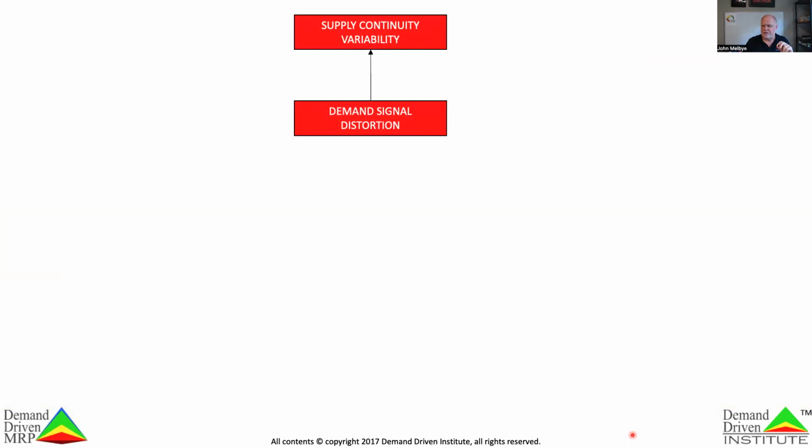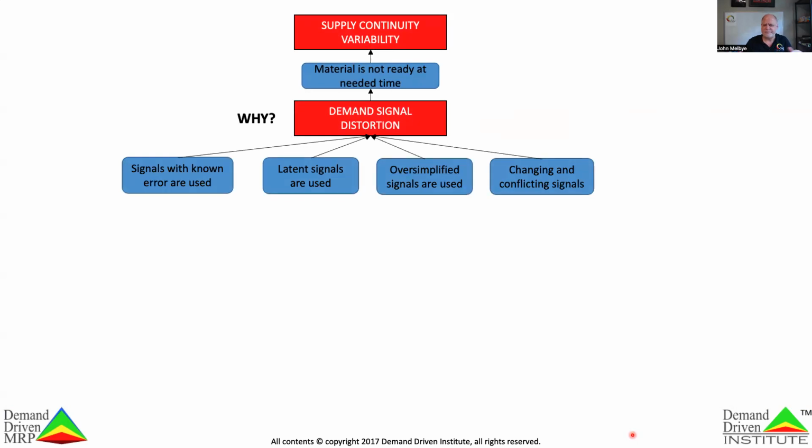We have demand signal distortion, and we have supply continuity variability. The result of those two distortions is that material is not ready at the needed time. So why do we have demand signal distortion? Multiple reasons. We have signals with known error that we're using. We have latent signals. We have oversimplified signals, and changing and conflicting signals.